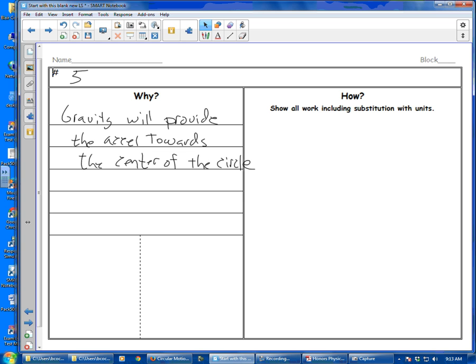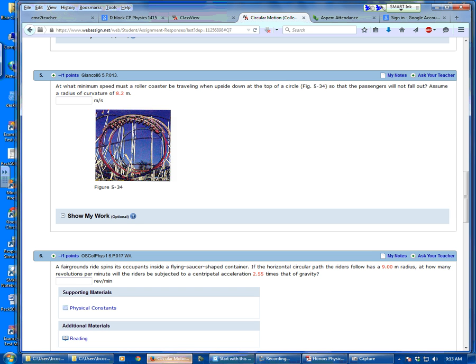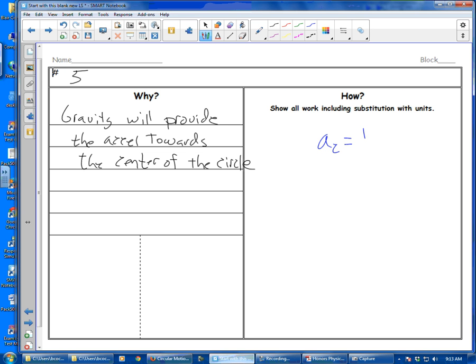And so, that's going to be at the top that we'll start with. They want to know what's the minimum speed. So I should use the form of my centripetal acceleration that has speed. They give me the radius, so I'm going to use a_c as v squared over r. The a_c, if gravity is going to provide it, should be equal to little g.